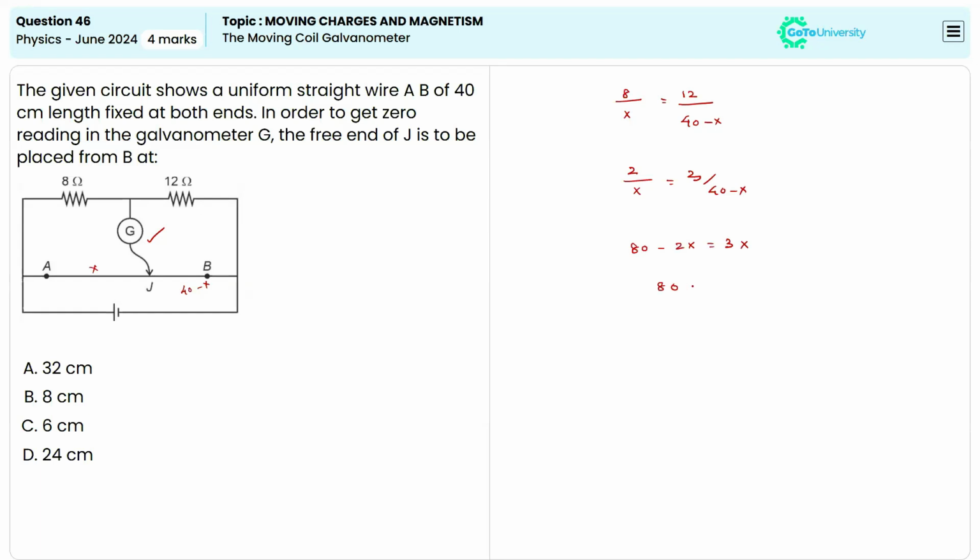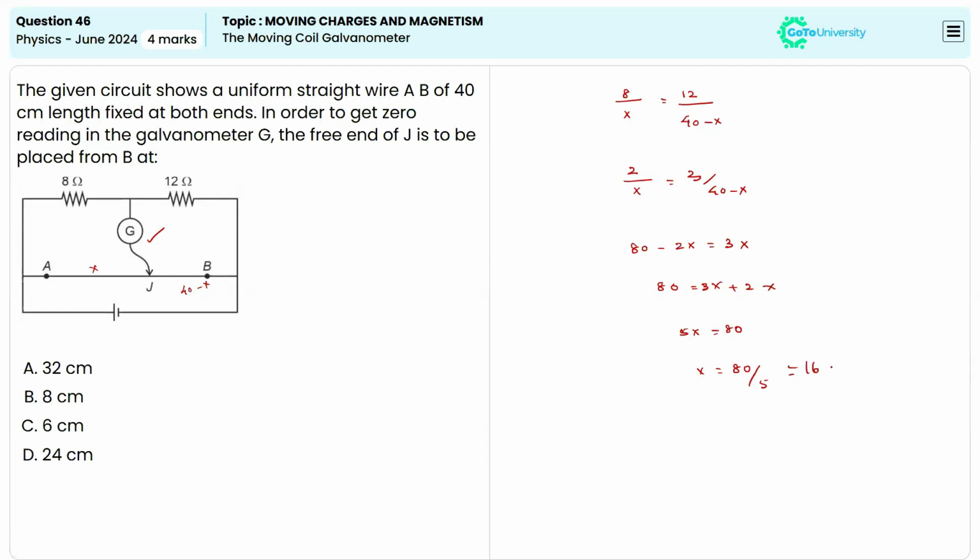So 80 will be equal to 3x plus 2x, so 5x is equal to 80. x will be equal to 80 divided by 5, 40, right? Sorry, I just made a mistake. When we divide 80 by 5, it will be equal to 16.